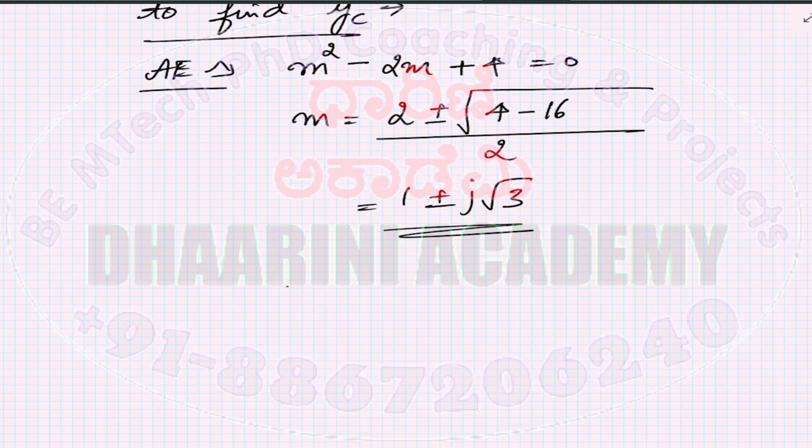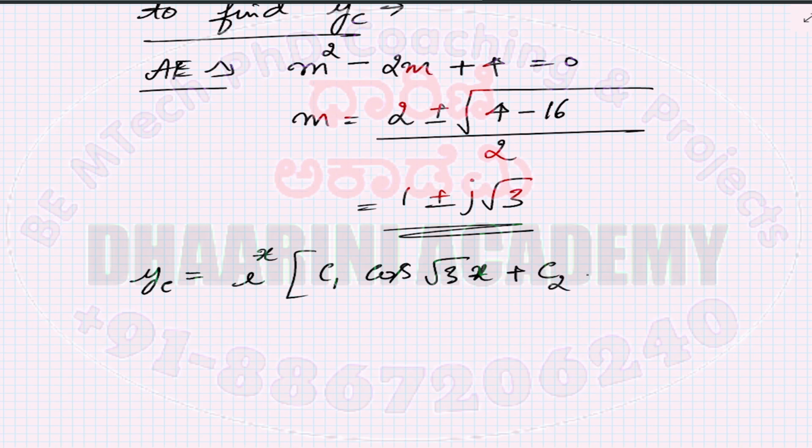So as soon as we see the roots are being complex conjugate, we can write the yc as follows: e to the power real term, that is 1 into x, into a constant c1 into cos of root 3x plus another constant c2 into sine root 3x. Equation number 1.